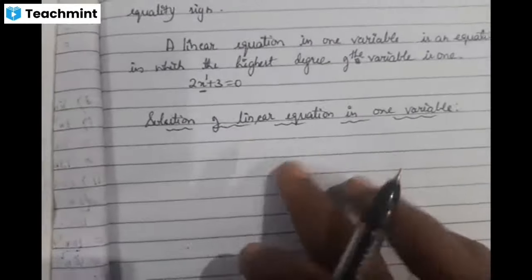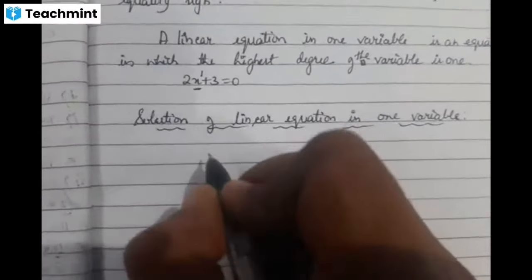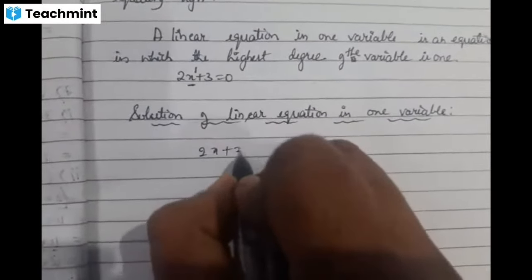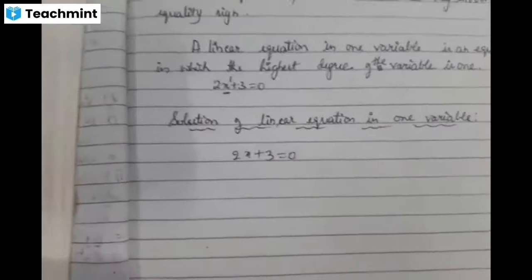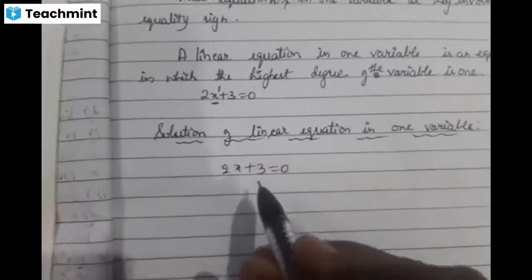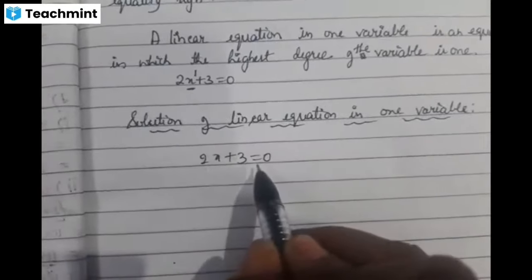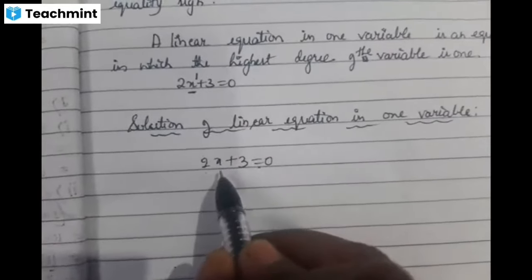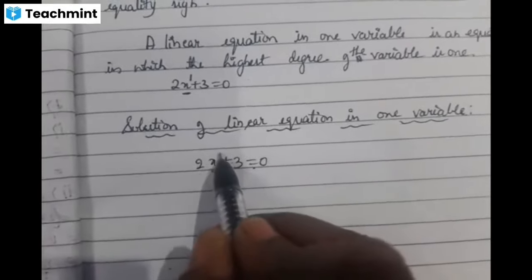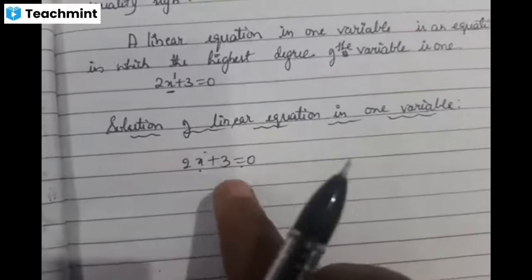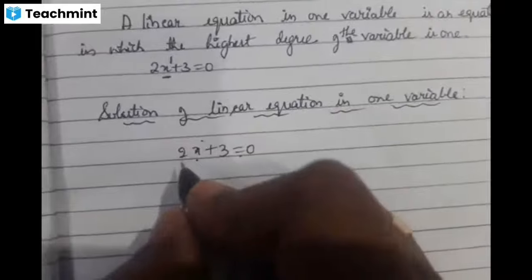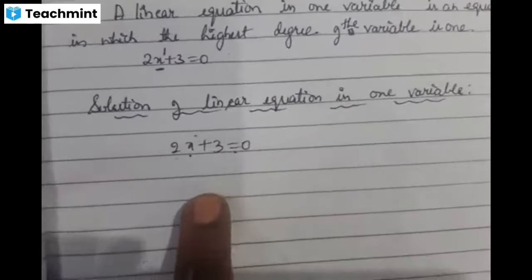Now, if you are given a linear equation and you are asked to solve it, let me take the same example, 2x plus 3. You know why it is a linear equation? This equation has the equality sign, it has one variable and its power is 1. Now, if you are asked to solve this linear equation, solving means what, children?